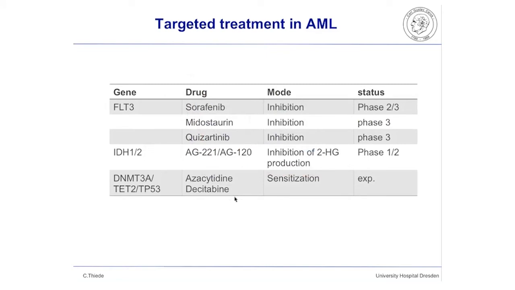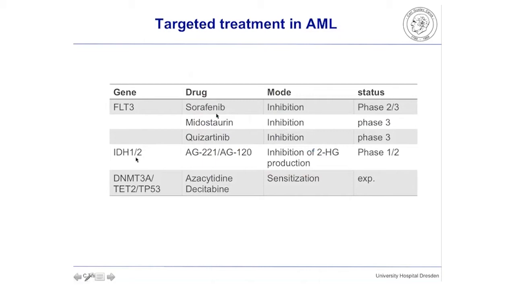This is important not only for prognostication, but we also have a growing list of alterations which respond to specific treatments. FLT3 ITD mutations or TKD mutations are known to be responsive to treatment with tyrosine kinase inhibitors like sorafenib, midostaurin, or quizartinib.